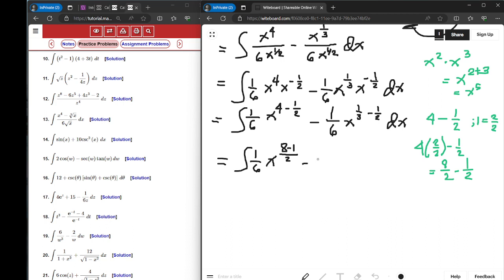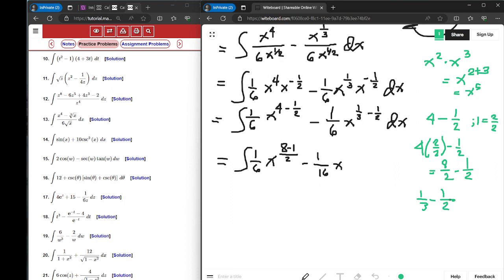We have minus 1 over 6. And in this case, we have 1/3 minus 1/2. They don't have the same denominators.